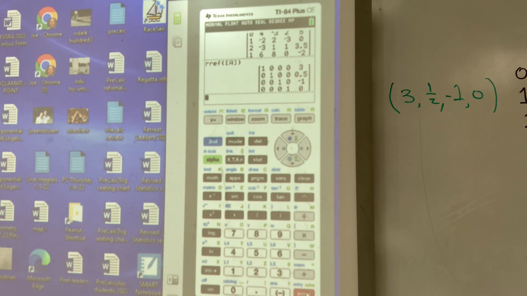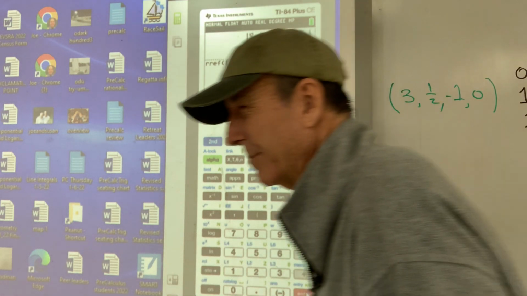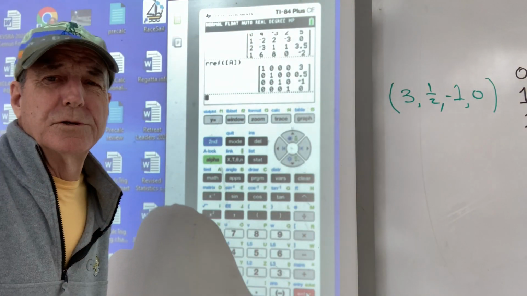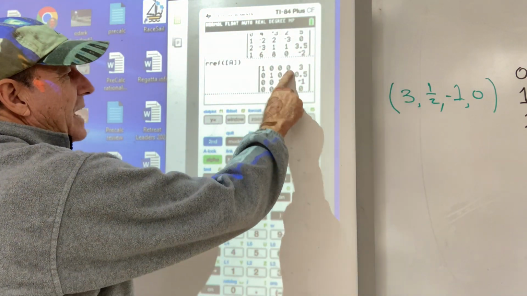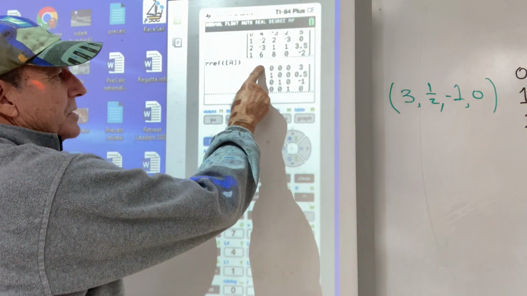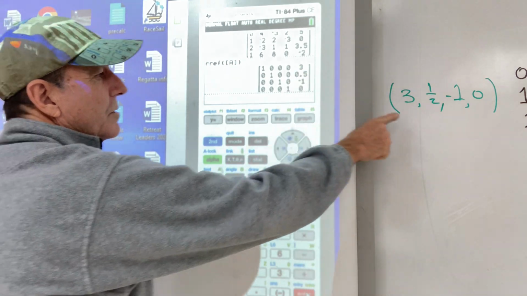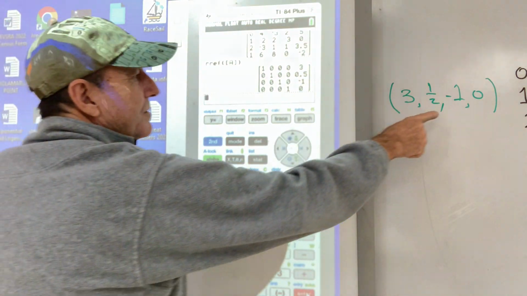Okay, so what the calculator is doing here, there's a program that does row reduction. Notice that the left-hand side of this is your identity matrix, and there's your solution. The 3, the 1/2, the -1, 0.